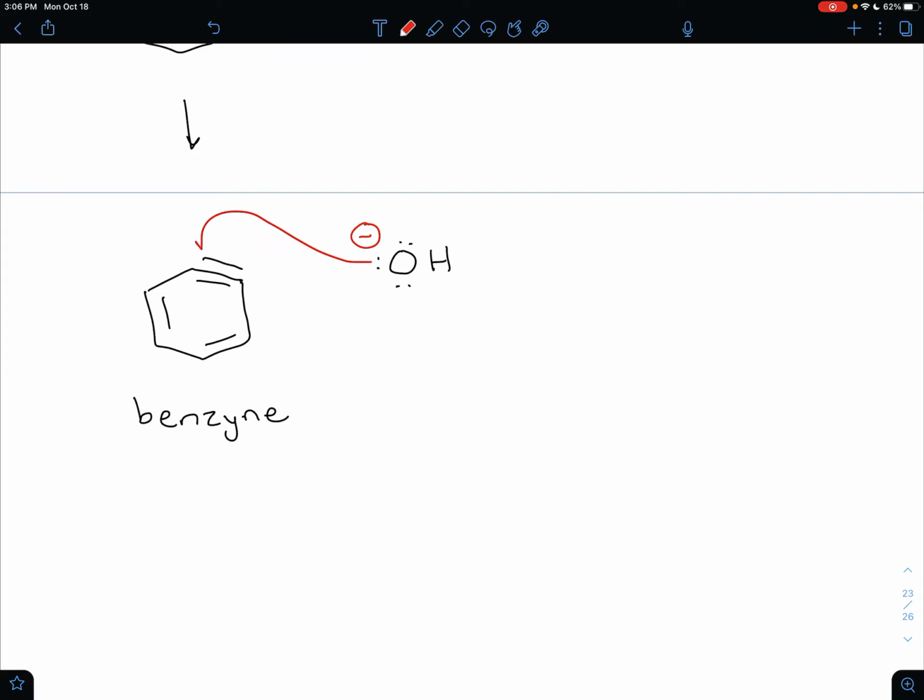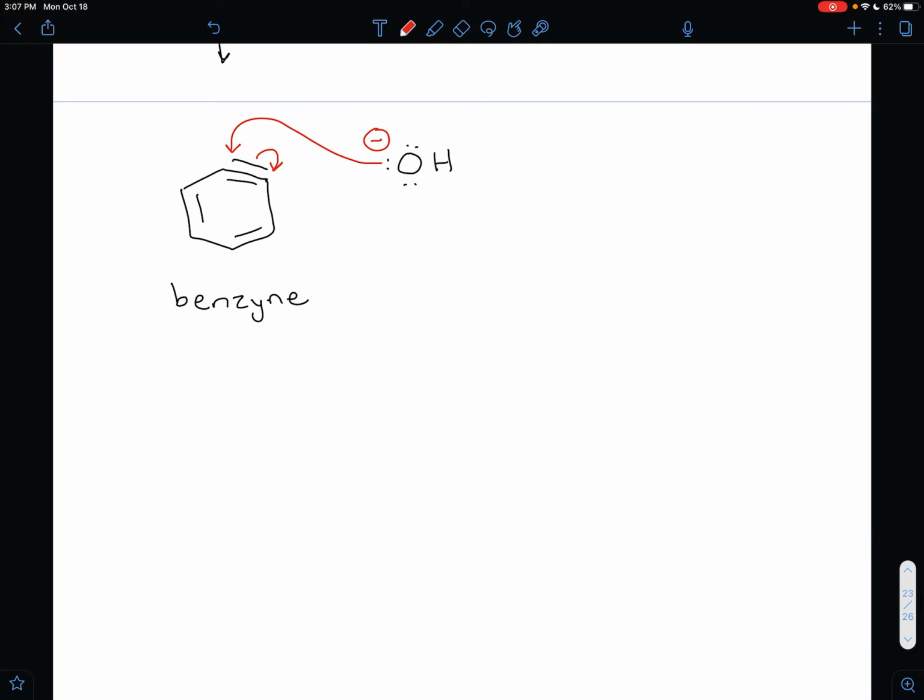Just make sure that the nucleophile attacks one of the carbons in the triple bond. One of those pi bonds breaks, the electrons go next door to form a new lone pair. So this is nucleophilic attack, and in terms of storytelling, what that's doing is adding. It adds something onto a molecule.